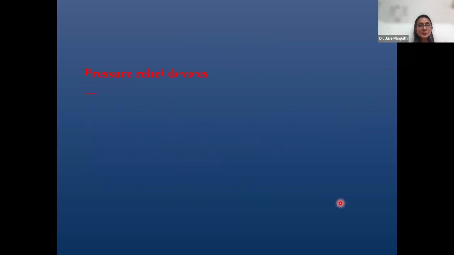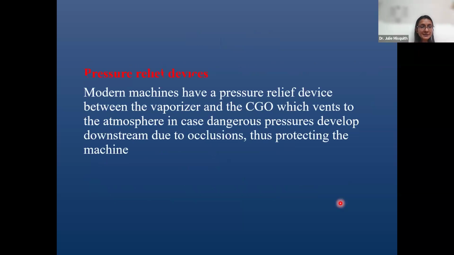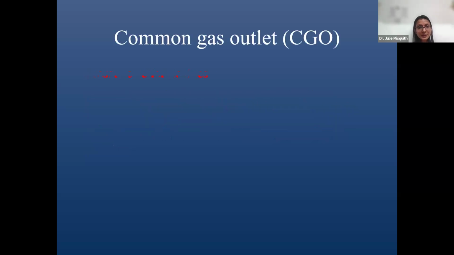Now, the low pressure system also has pressure relief devices, which are usually between the vaporizer and the common gas outlet. And this vents to the atmosphere in case dangerous pressures develop downstream. It's usually like a gas decoupling effect. Now, the common gas outlet.